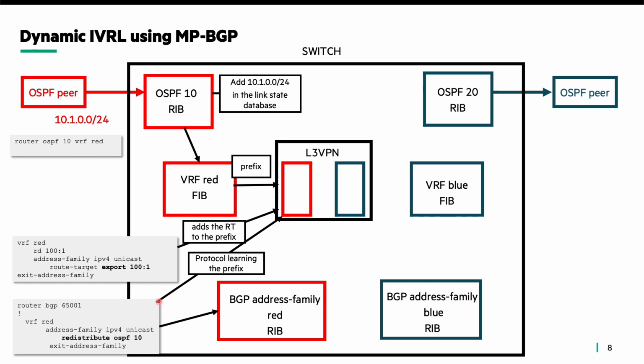So when you do that, the prefix is sent to this layer 3 VPN table for the VRF white.